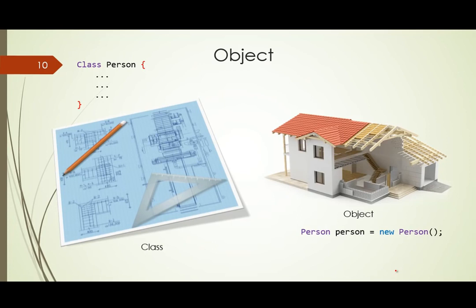So for the person class we have here, when we write Person person equals new Person, the new creates the person class instance, and this new instantiates the person object into the lowercase person. So this is the object and this is the class. That's it. And this is the data type that we are picking.